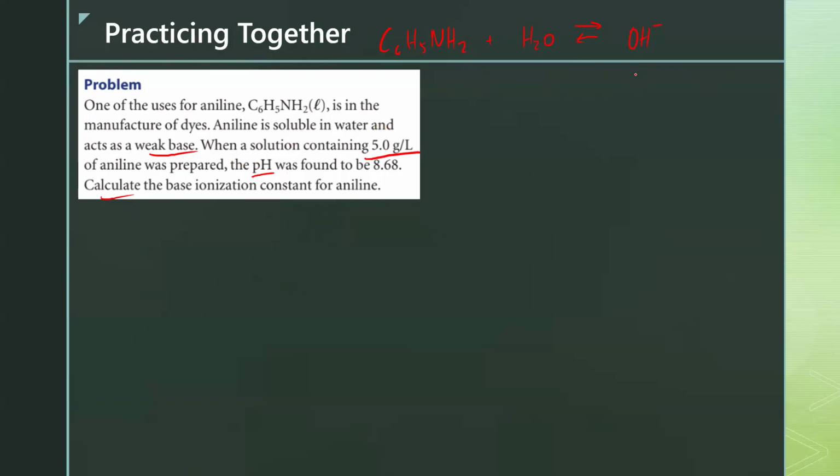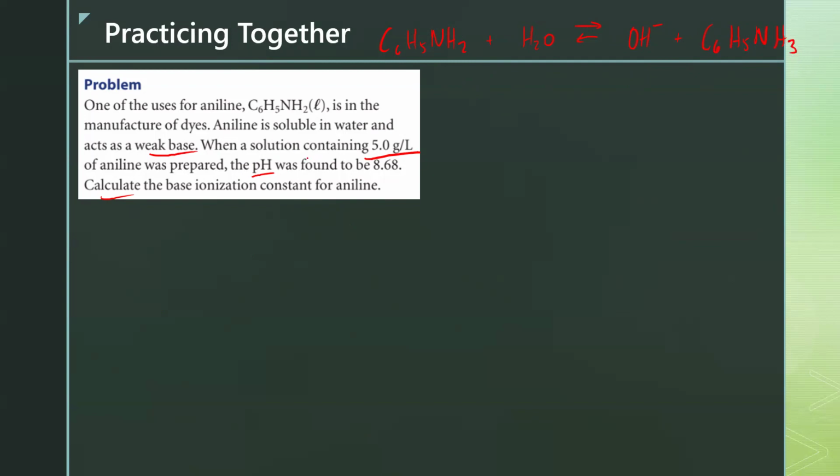Since OH negative is going to form here, that means the H2O must have donated one of its H's to this other guy here. I don't know exactly what that's going to look like, but if I were to bet on this one, it's probably going to be C6H5N, and then instead of H2, we tack it on to be NH3.